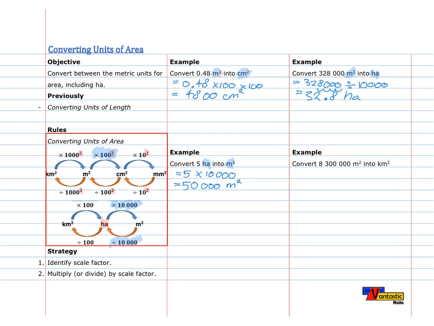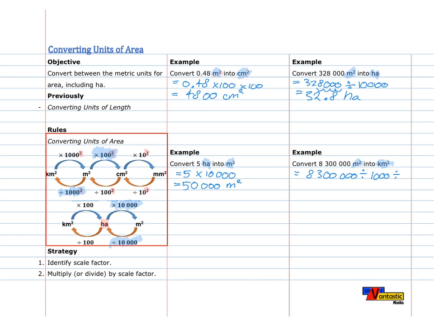Lastly, we want to convert meters squared into kilometers squared. And meters squared to kilometers squared is divided by 1,000 twice. So we're going to convert 8,300,000 divide by 1,000.